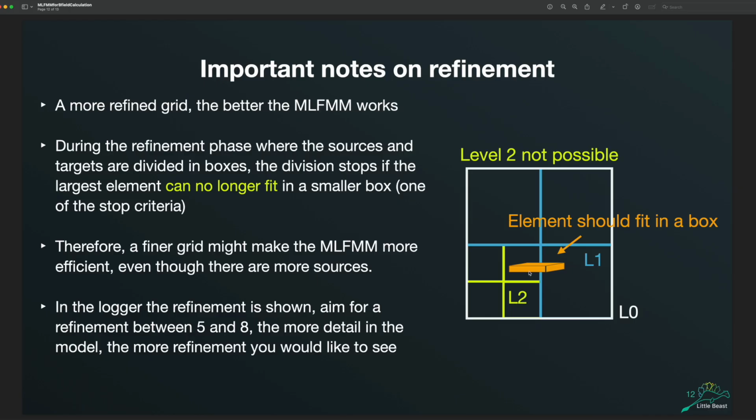And therefore, a finer grid might actually make your calculation faster, even though this is slightly unexpected, because usually when people are used to doing finite element methods, they expect that the more elements you have, the slower your calculation. And therefore usually people try to make use of symmetry, making pencil-like, very long elements, and that's not very suitable to the multipole method.